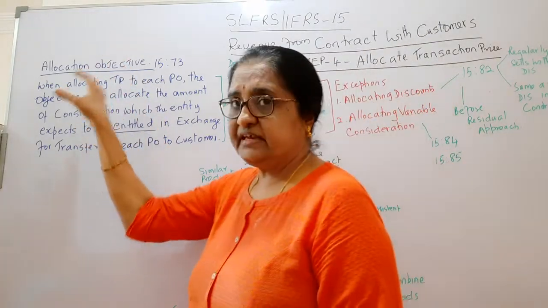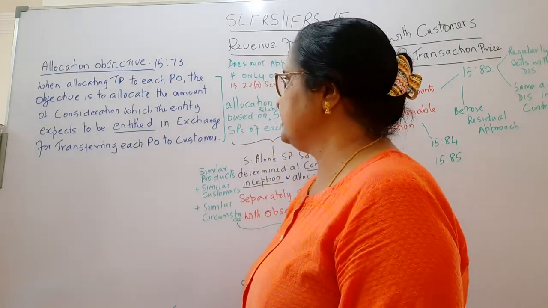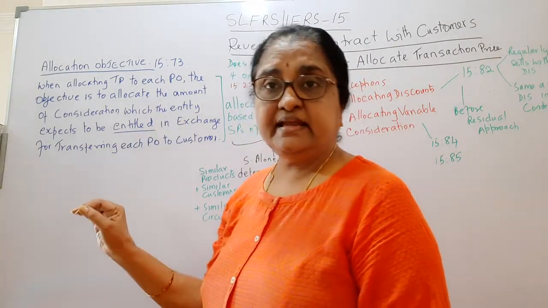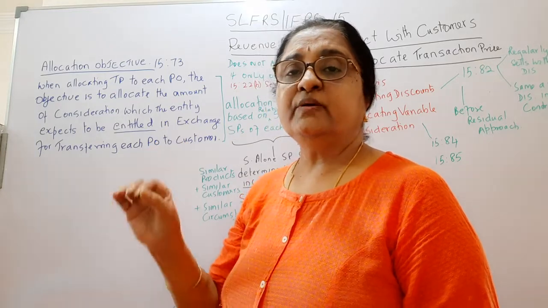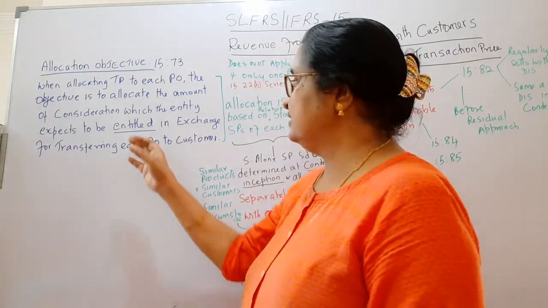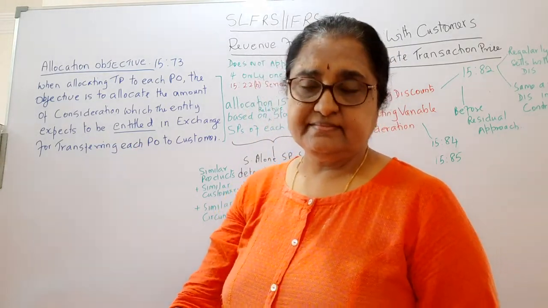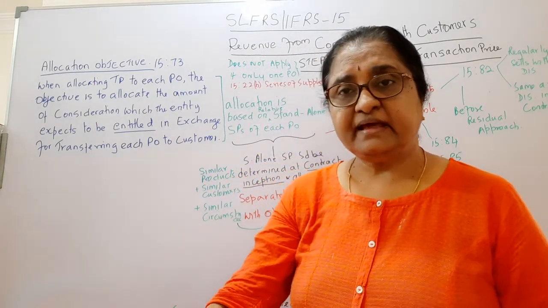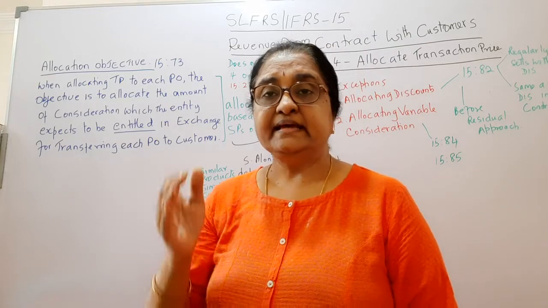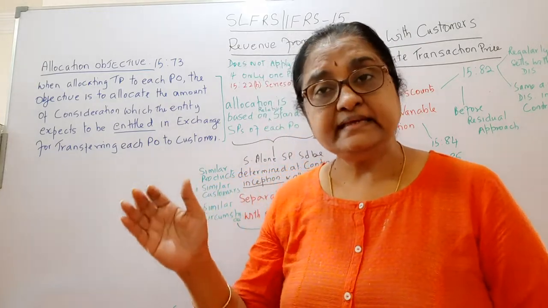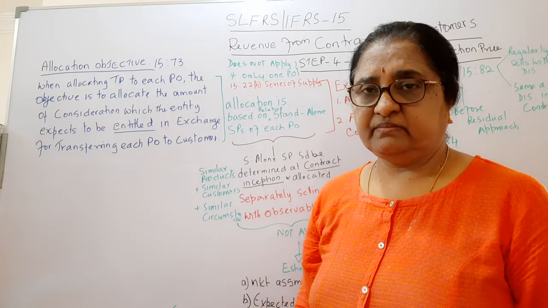The objective is that, to each performance obligation, you allocate the amount of consideration the entity expects to be entitled to for the transfer of each performance obligation to the customer. So your allocation should match the consideration that the entity is expecting to be entitled to for the satisfaction of the performance obligation.